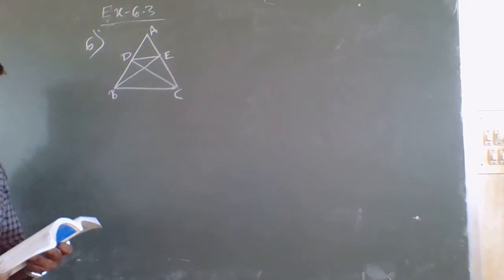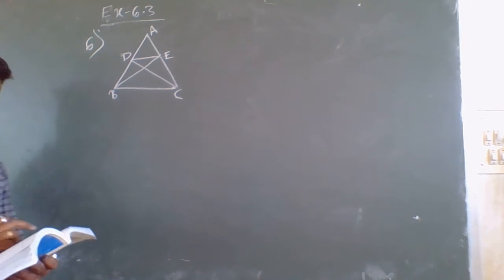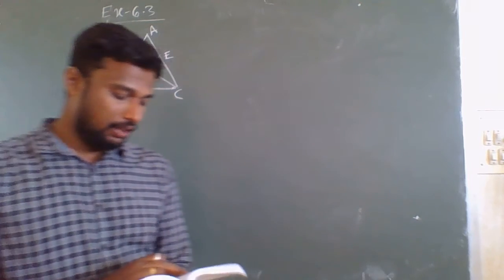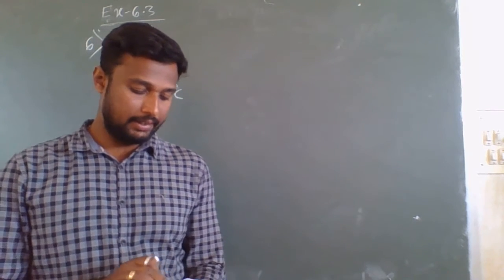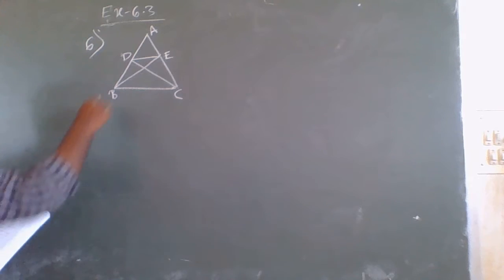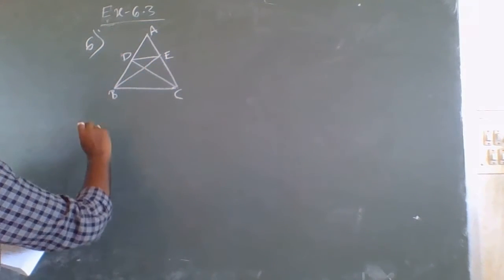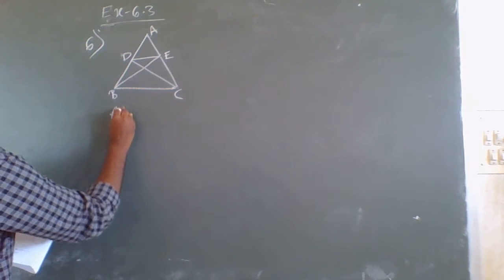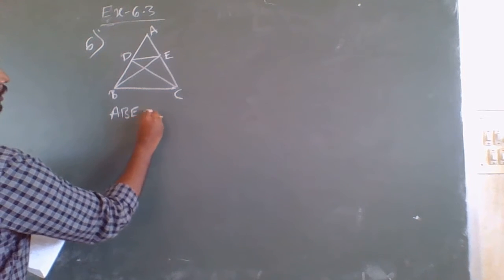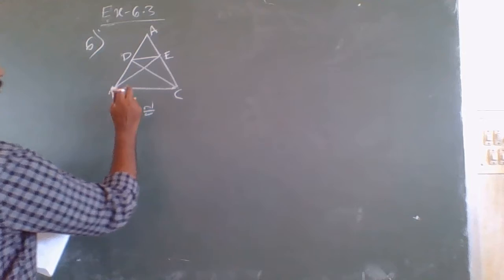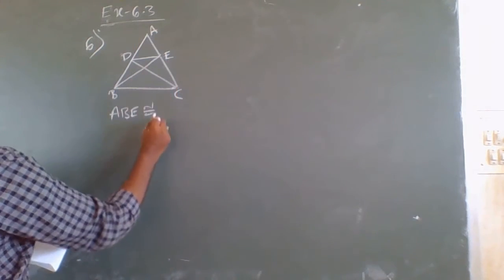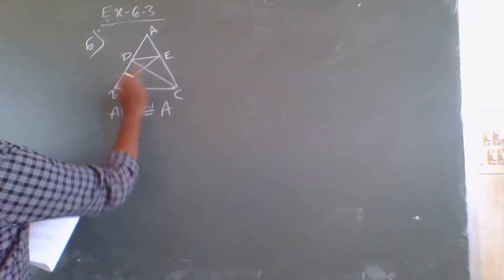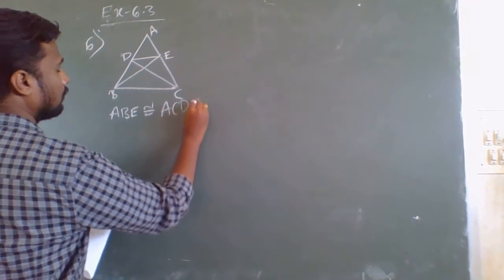So here in the sixth problem, what they have given is that triangle ABE is congruent to triangle ACD. This is given.